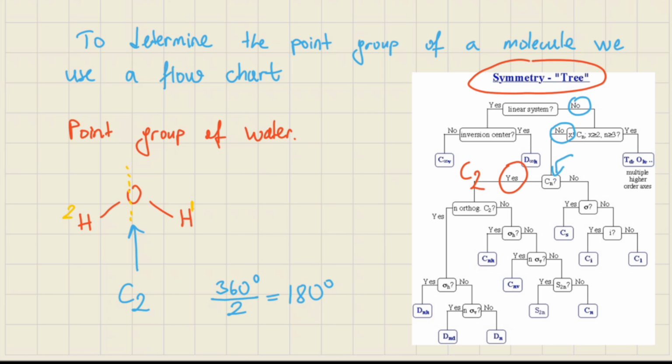Do we have a C2 orthogonal to our principal axis? The answer is no. If we rotate the molecule from here, for instance, the hydrogen atoms will go to the upper positions, which means that we don't have a C2 orthogonal to our principal axis.